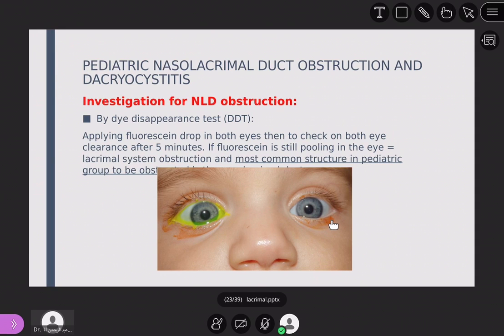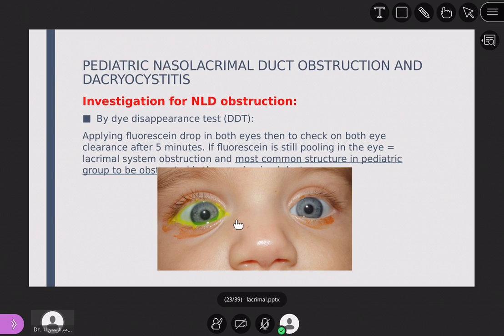This is a very important photo and very important slide. This is the investigation for nasolacrimal duct obstruction. The investigation is by dye disappearance test, DDT. You will just apply fluorescein drop, which is the orange drop, in both eyes, then check the clearance after 5 minutes.